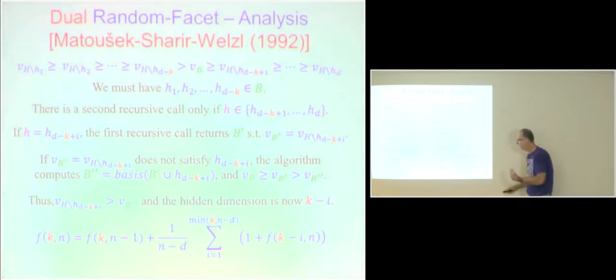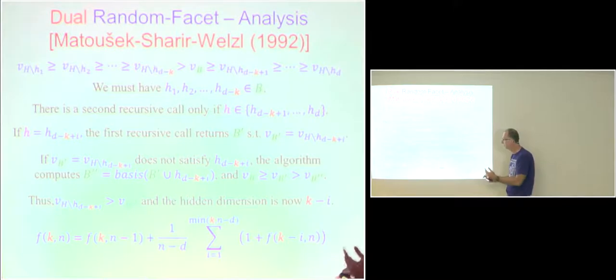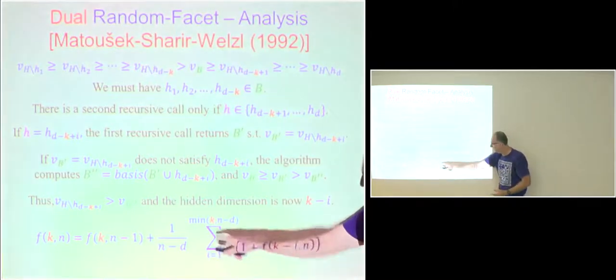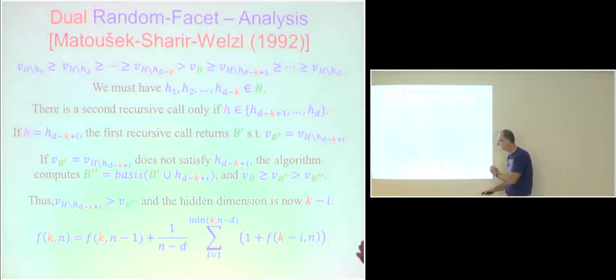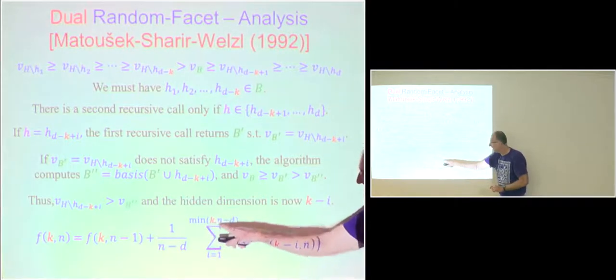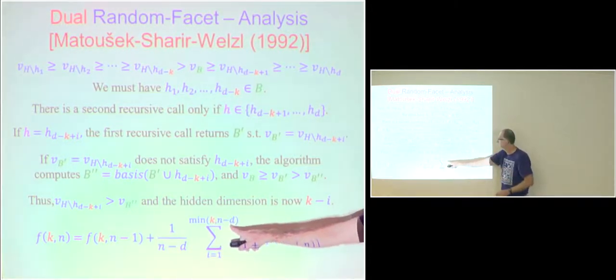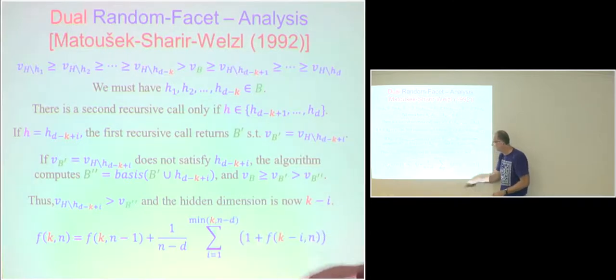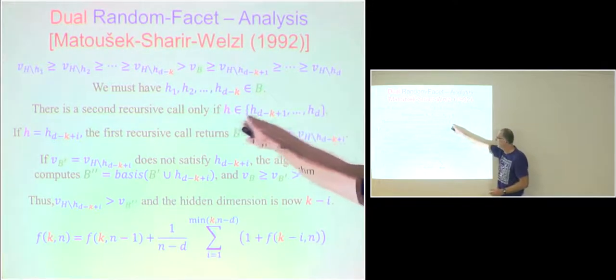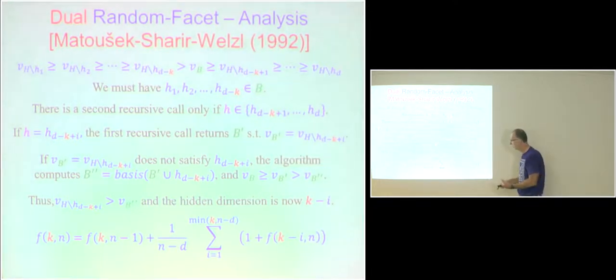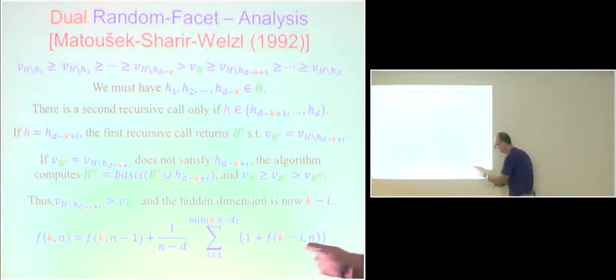The only case in which we actually hit something which would result in a second call is when, so the number of choices that would result in a second call is at most the minimum of k and n minus d. So n minus d is clearly an upper bound, and k is exactly this set. Only in this case we have a second recursive call, and if this happens, then I is just uniform in this range, and we get a recursive call in which the hidden dimension is k minus I.